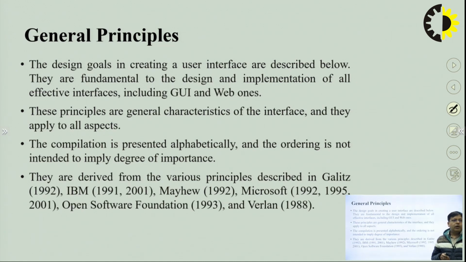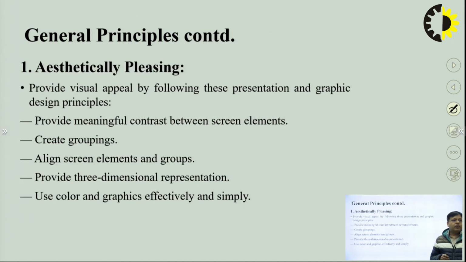So in general, all principles are common for the graphical user interface as well as for the web interfaces, right? So some common features that must be followed during the design are: the first principle for the user interface design is aesthetically pleasing. What does this principle say?